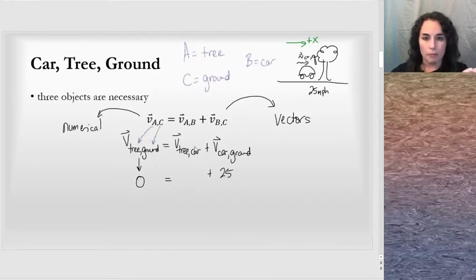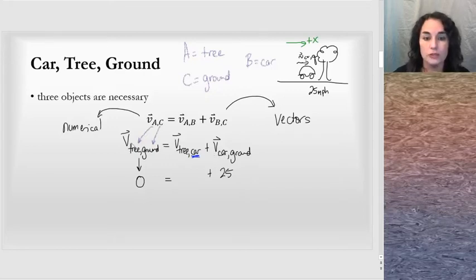That's saying make the car be the reference frame. Right? Because these two speeds, the ground is the reference frame. The second object is the reference frame. And the first object is what you're measuring moving in that reference frame.